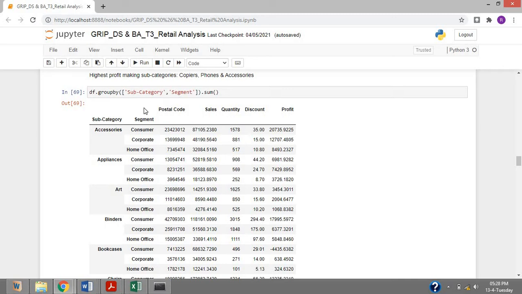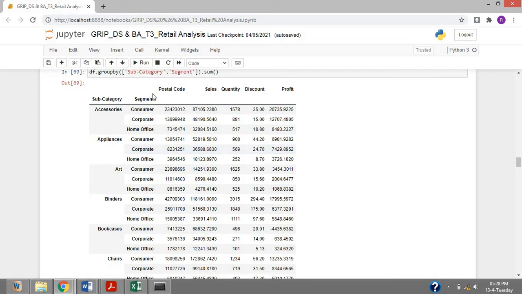So in this group by we pass in the requisite columns and we again apply the same sum method. So if we see, first the subcategory appears, and further it is again classified based on the segment.